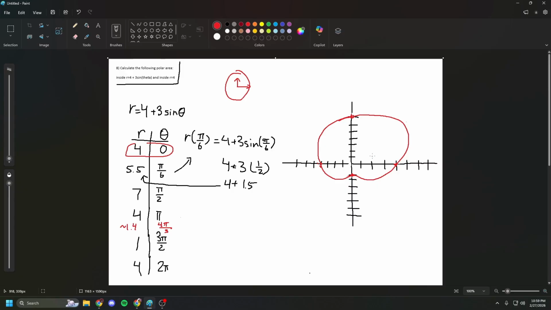I know I didn't draw it like that, but this graph is symmetrical along this axis since it is a sine graph. I don't know if this is the y-axis, I guess I'll just say the vertical axis. Yeah, it's symmetrical along the vertical axis.